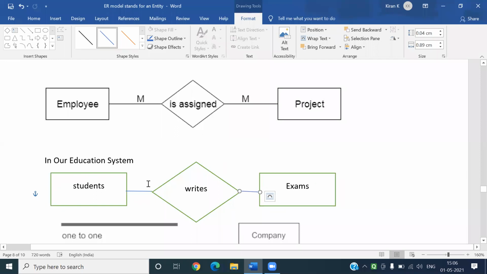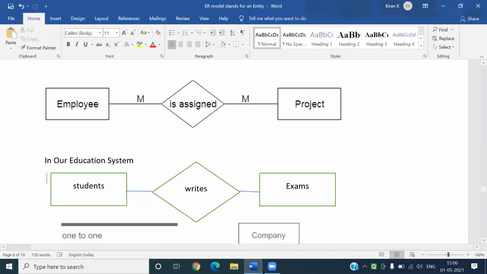One student writes many exams. One exam is attended by many number of students. This is called many to many in our examination system. This is called many to many. These are all the relationships among the entities.